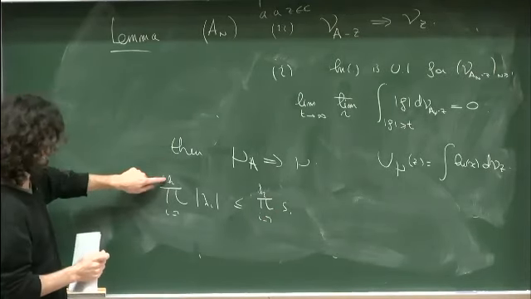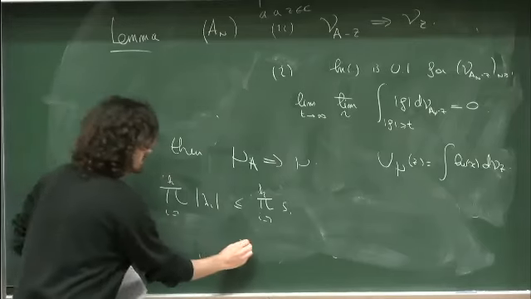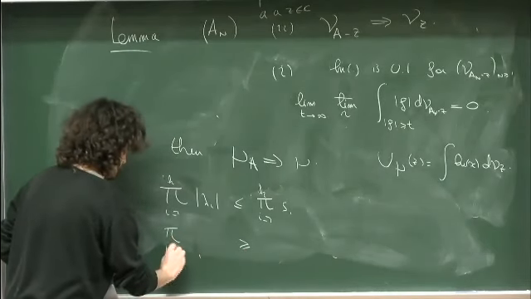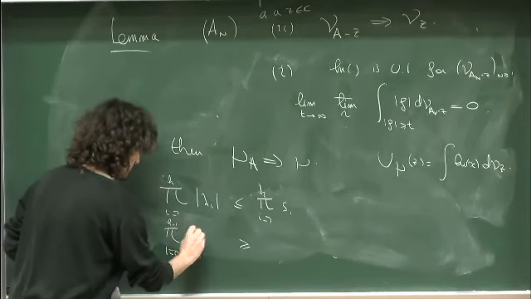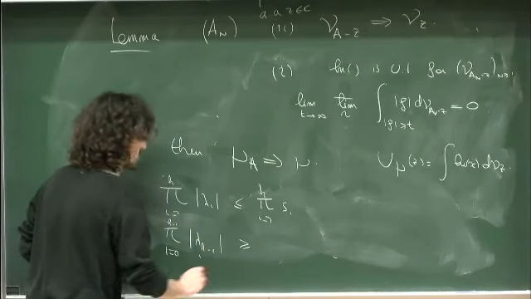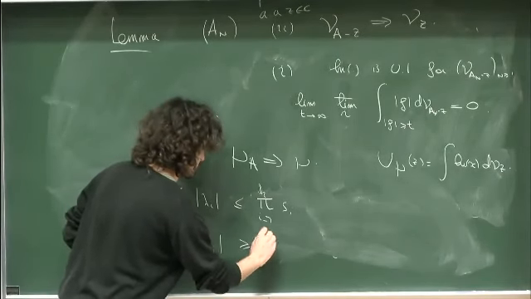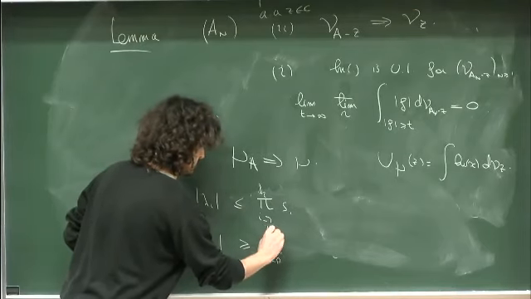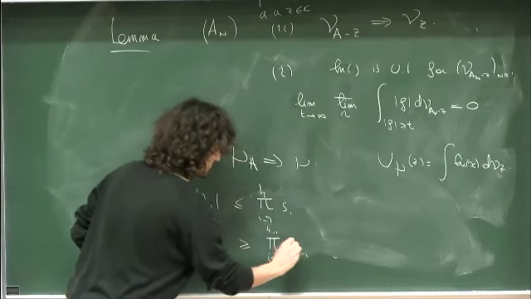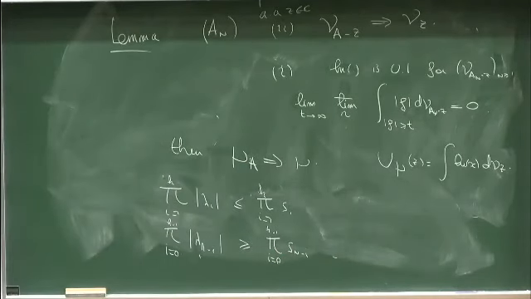And since you know that when k is equal to n there is equality, it implies also that the product of the smallest eigenvalues is larger than the product of the smallest singular values.